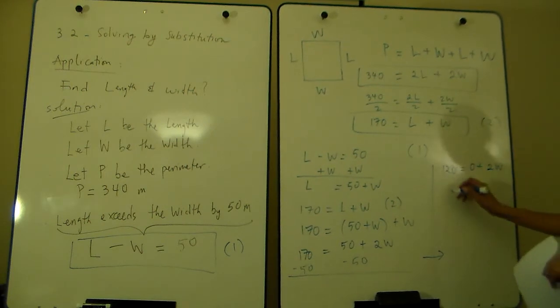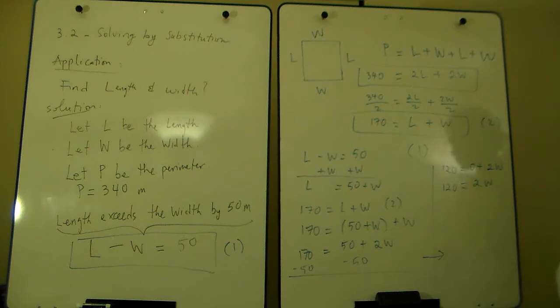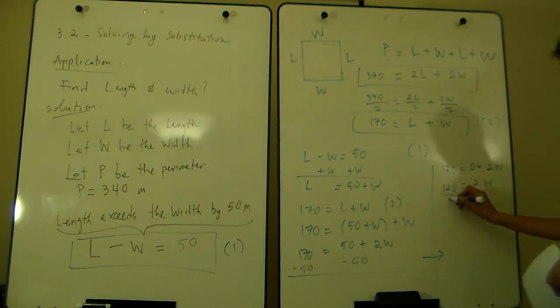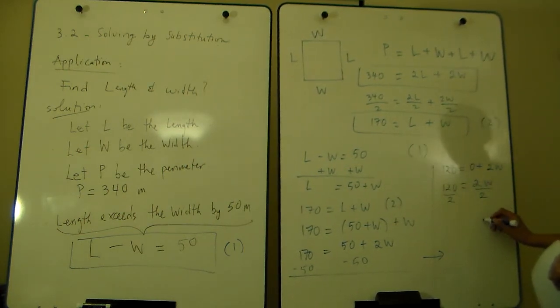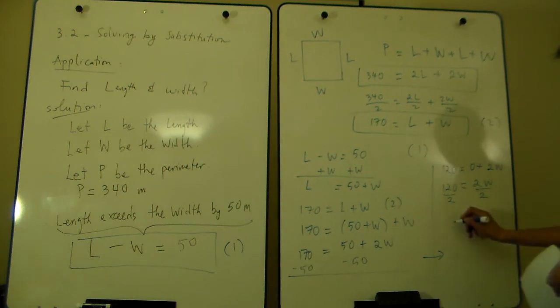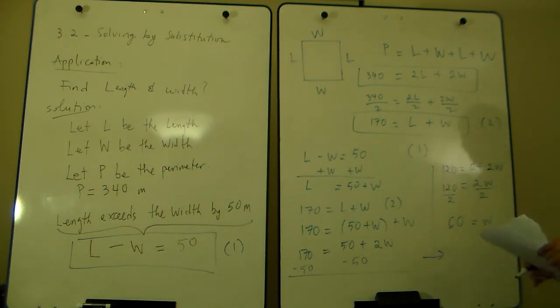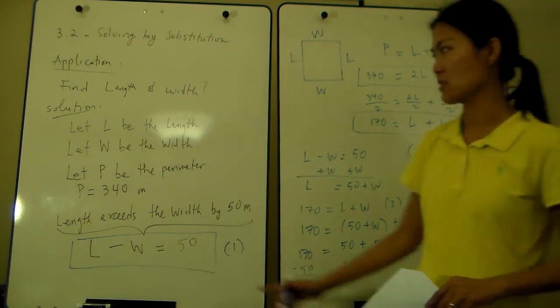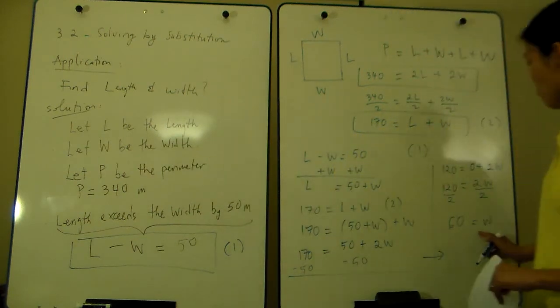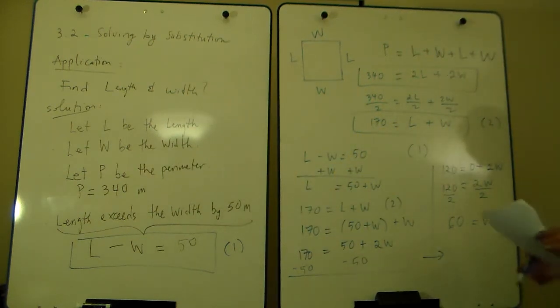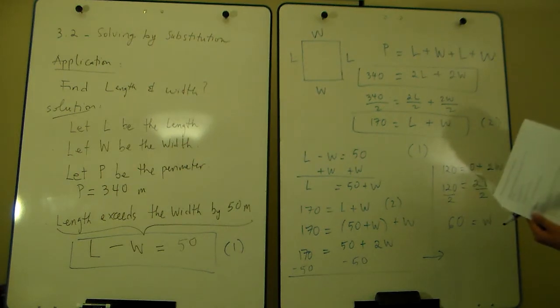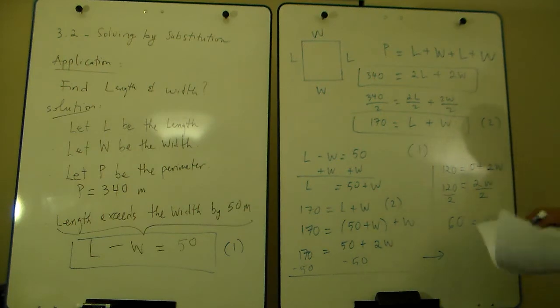Simplify, we have 120 equal to 2W, then divide by 2 on both sides. You get W equal to 60. So what is W? W is the width. So you know that the width is 60 now. Let me verify with the answer I got here. Yep, the width is 60.